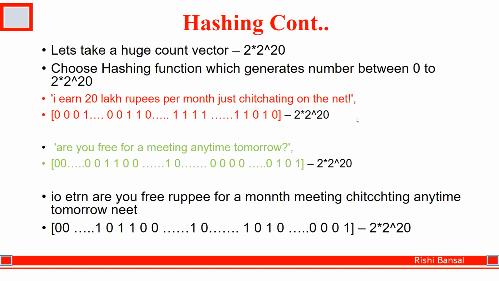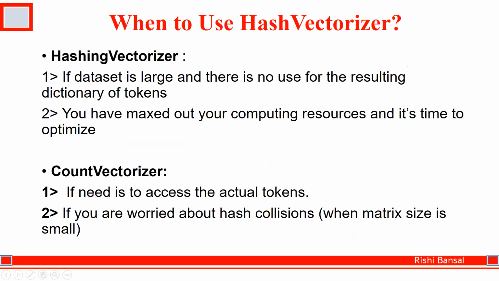Now, this is for when you use hash vectorizer. If your data set is large and there is no use for the resulting dictionary of tokens, or you have maxed out your computing resources and it's time to optimize. So there are two different conditions here.